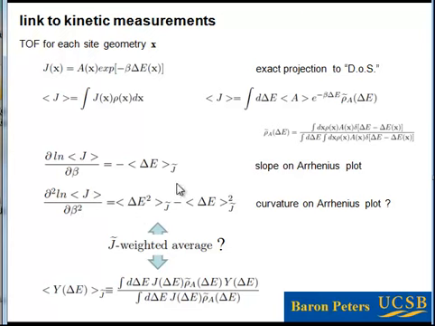Okay, and this gives us a variance in the activation energy, right? So this now should correspond, just from the definition of where we got it, to curvature on the Arrhenius plot. And so the implication here is that if the sites on the material are very, very different, if there's a really wide distribution of different activation energies, that might show up as observable curvature on an Arrhenius plot.